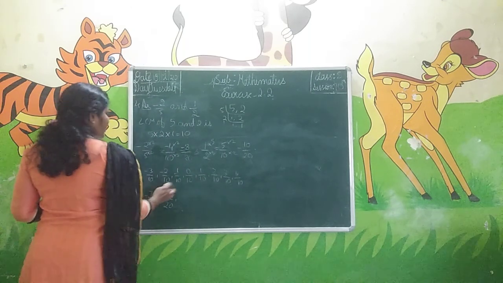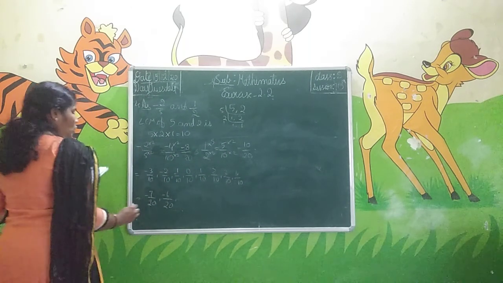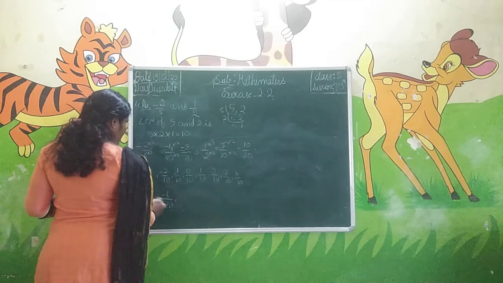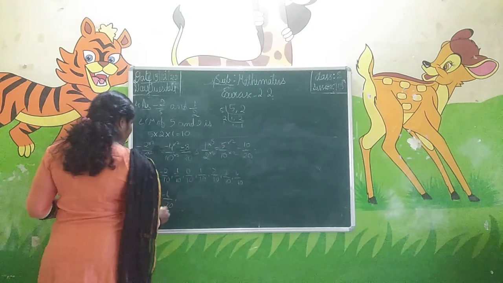Comma, because we got only 8 here, but they have said we need 10 numbers, so we again multiplied by 2.